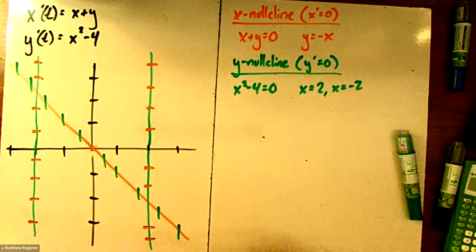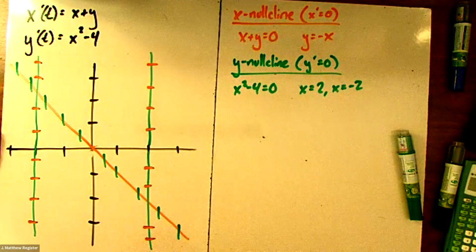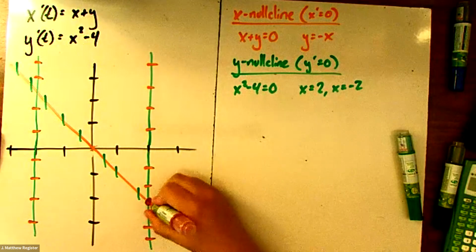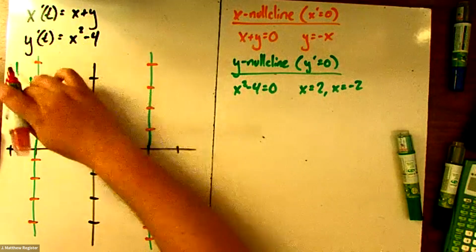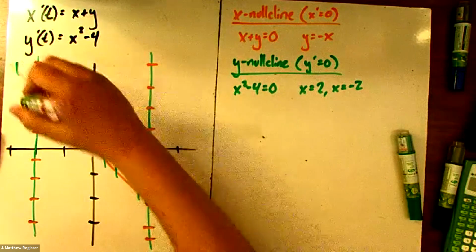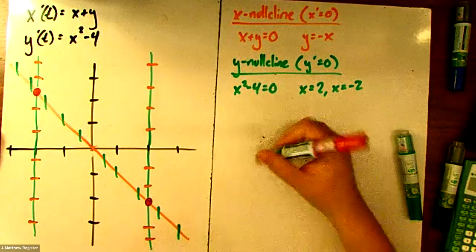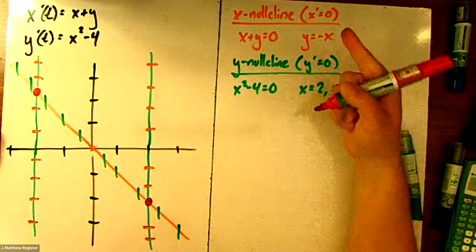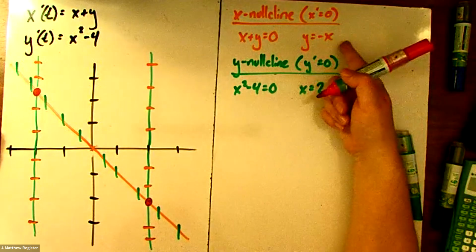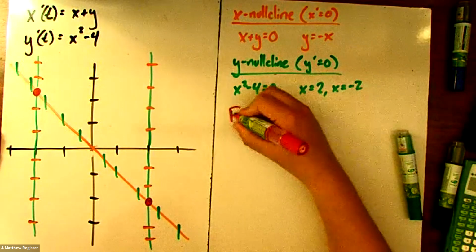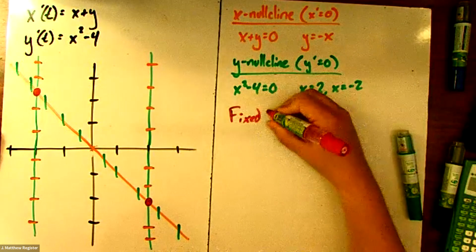We can then see that we have a couple of points where things are fixed. They are not moving at all. These points are called fixed points, and we can figure out exactly where they are. Because we know that y needs to be equal to negative x, if x is equal to 2, I'll just write fixed points.